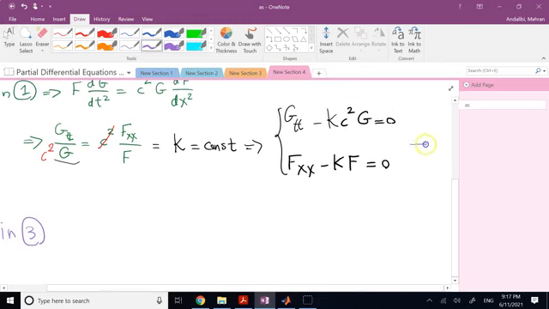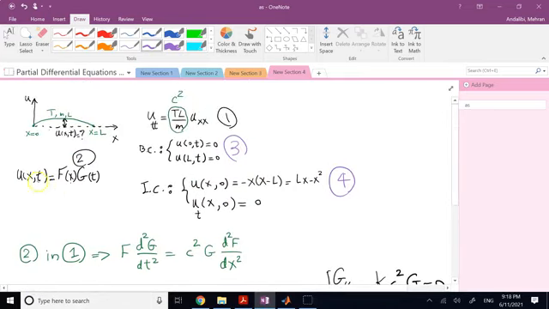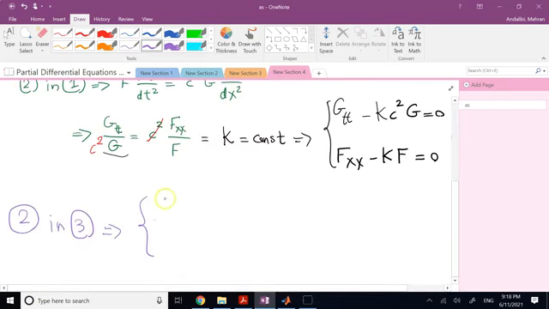So far these are our governing equations, but also let's look at the boundary condition and initial condition. So as I said, if you plug that u into the first one, it is going to be f of 0 times g of t equals 0. And then f of L times g of t equals 0.